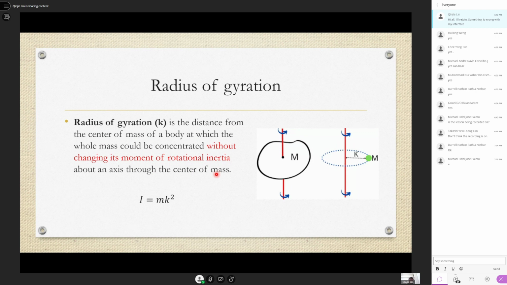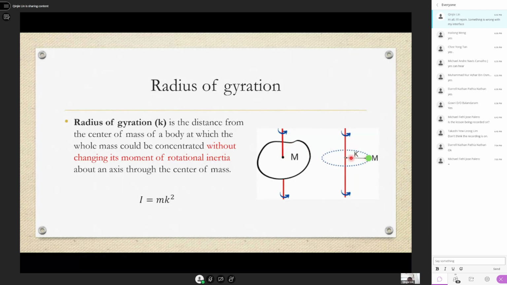Basically, what it's trying to say is imagine you have an extended object here, and you're rotating about this point. So there is a moment of inertia to this, right? Then the radius of gyration is: you imagine the same axis, but now you have a point with the same mass. At what distance away from the axis must this point mass rotate such that it will give the same amount of moment of inertia?